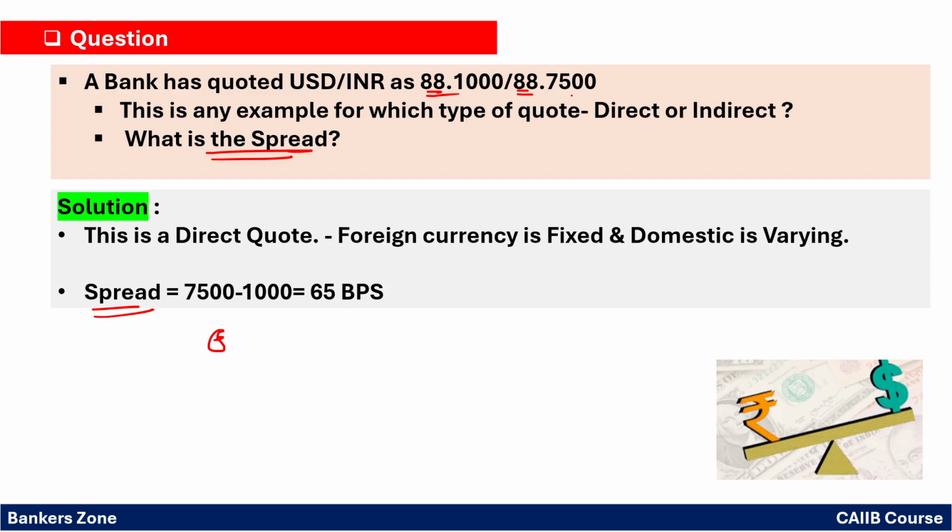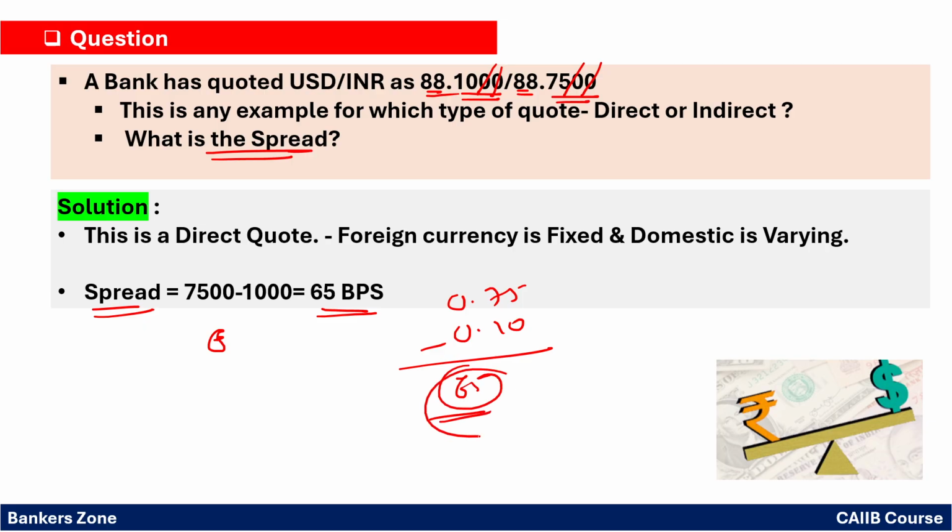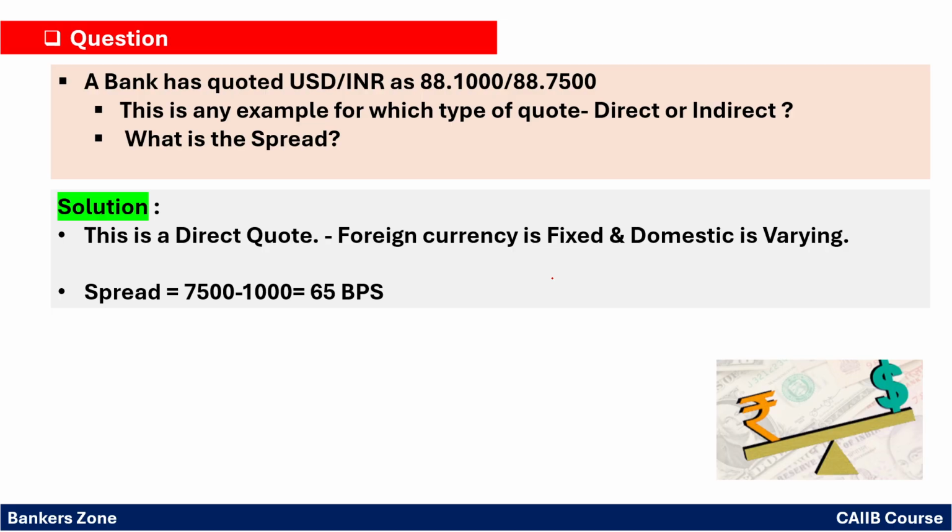Right? Simply 7500 minus 1000. You will get 65. Okay, so you can also eliminate the 0, because after the decimal, no meaning in adding zeros, right? So 0.75 minus 0.10. So 65 will be your BPS, meaning basis points, 65 BPS, or you can also write this as PIP, percentage in point. Okay, so the answer will be 65.